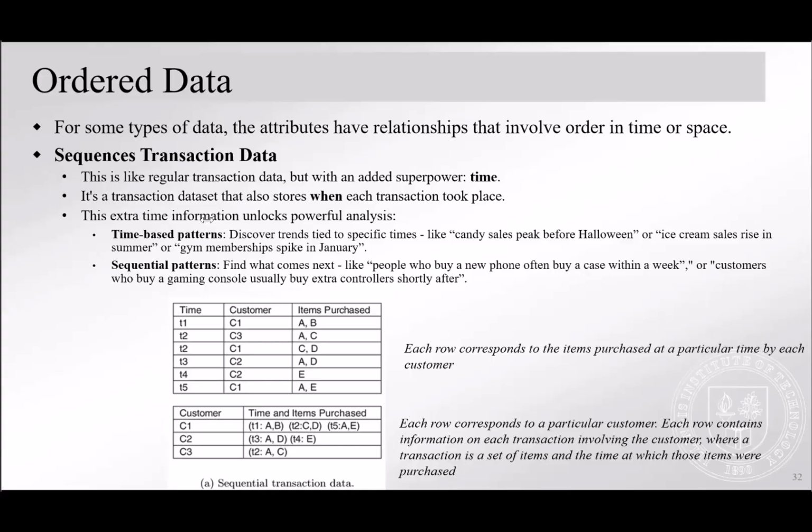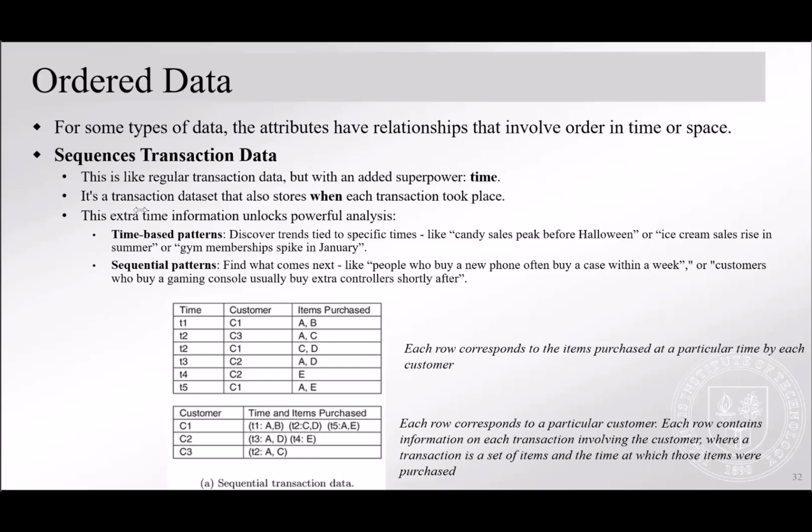It comes with an added superpower: time. Regular transaction data tells us what people bought together. Sequential transaction data tells us that plus when they bought it.